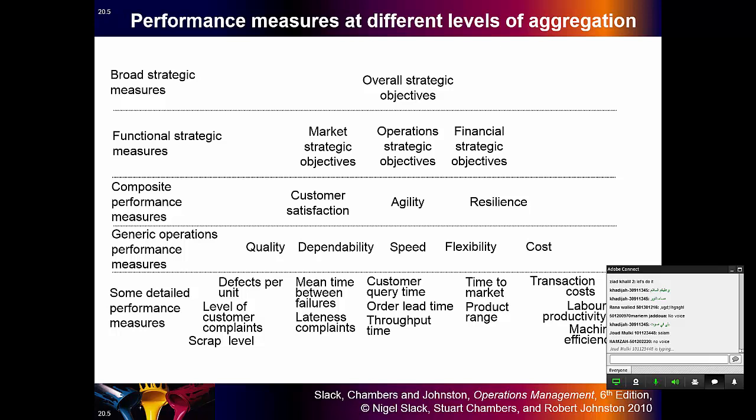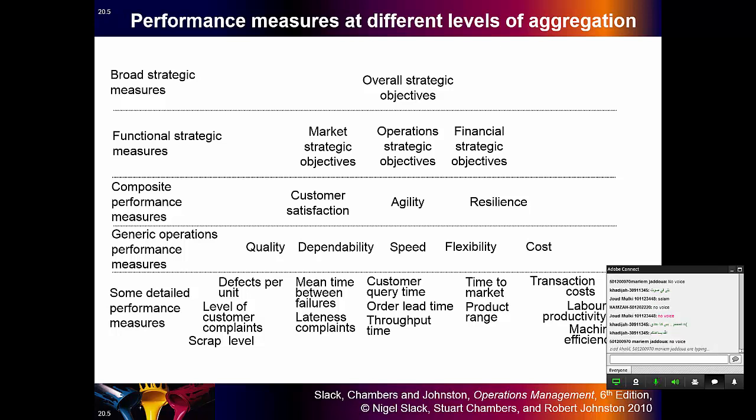Okay, the fourth level. So we have 5 levels. Okay, the fourth level, which is the level of generic operations performance measure. Okay, and this is the one that we discussed before, and those are the 5 generic operations performance measures.